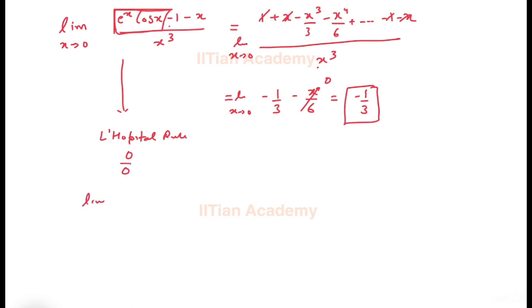So e raised to the power x cos x minus e raised to the power x sin x minus 1, divided by 3x squared. Again if we tend x to 0, this term would be 0, this term would be tending to 1, so this would be again 1 minus 1, and we need to again apply L'Hopital till the indeterminate form is solved, and we will get the limit minus 1 by 3. So this is your solution.